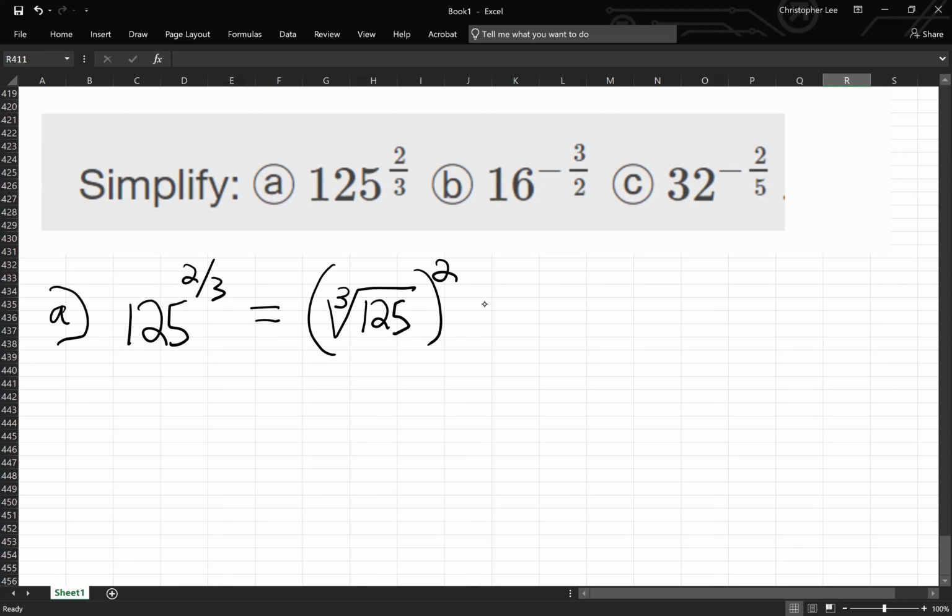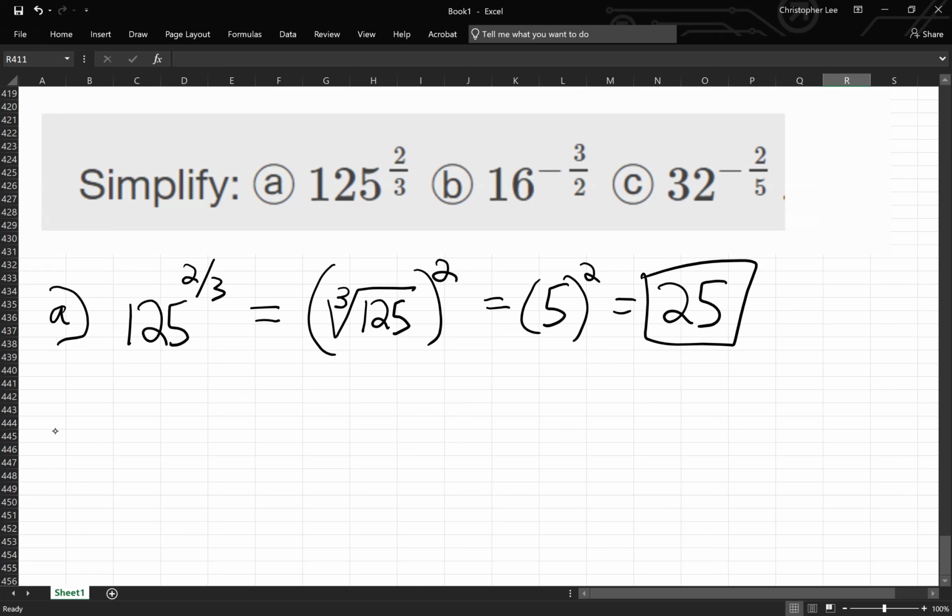So the cube root of 125 is what? 5. So this inside is just 5 to the second power. Now 5 to the second power is what? 25. And that's my answer. I'm done. Easy, right? Good.